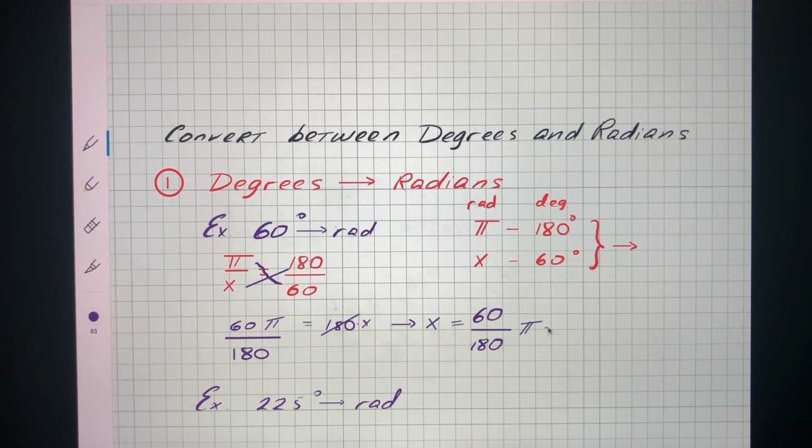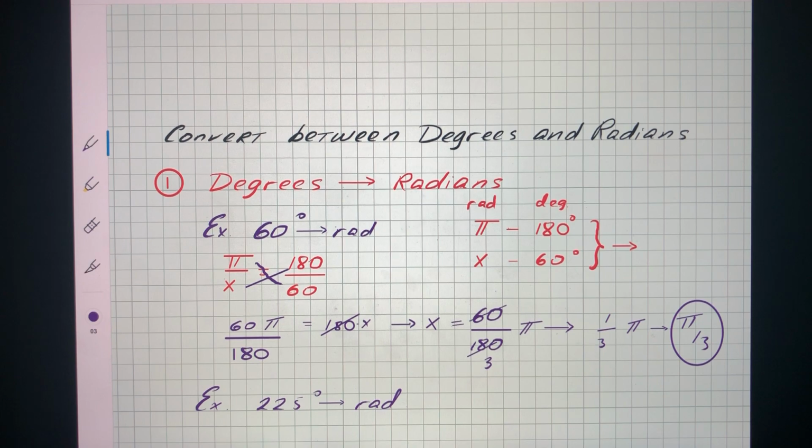Of course, we can reduce, and the final answer should always be in the simplest form. We know that 60 goes into 180 three times, so we can simplify and call it 1/3 pi, or simply pi over 3. And that is the final answer to our first question.